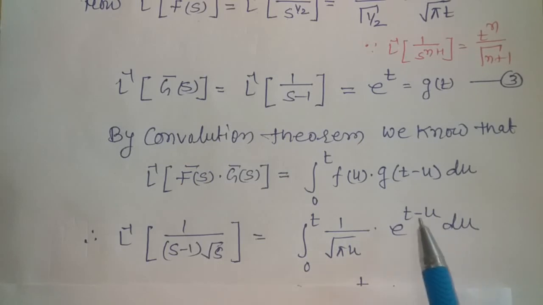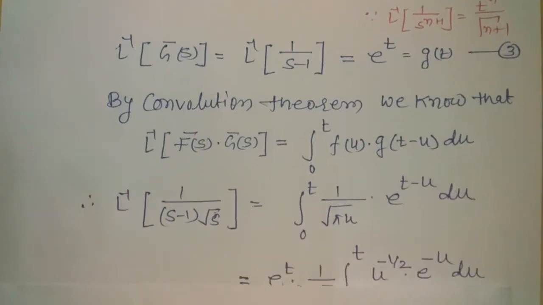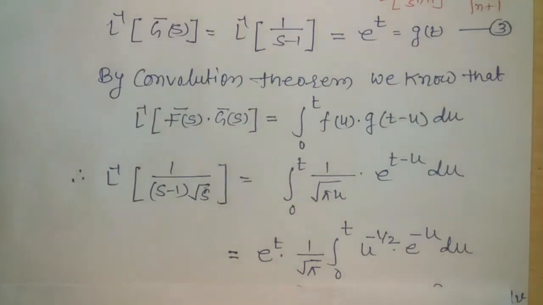So here integration is with respect to u, so 1 upon root pi and e raised to t are constants. So we write e raised to t outside, 1 upon root pi constant, integral 0 to t of u raised to minus half into e raised to minus u du.